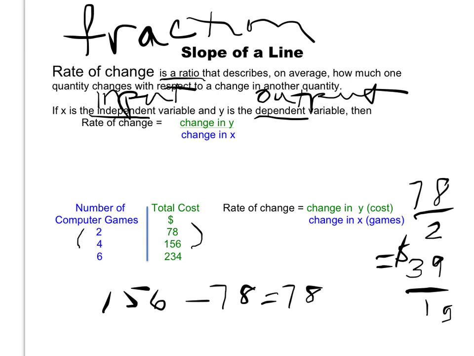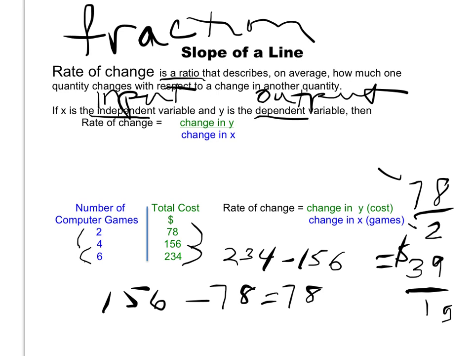And I can verify it again by looking at this change in y. 234 minus 156 again is 78, and the 6 minus 4 again is 2. So once again, 78 divided by 2 is 39 over 1.